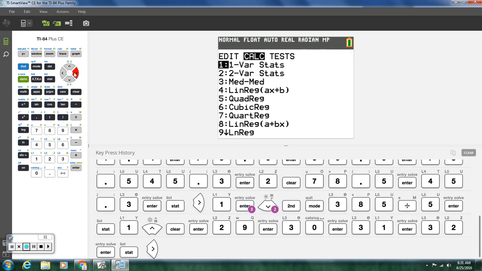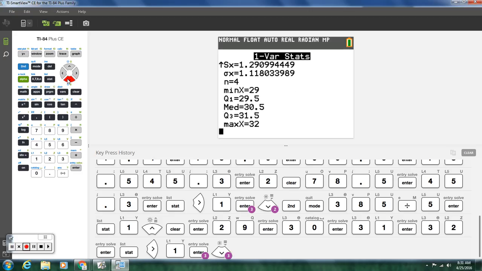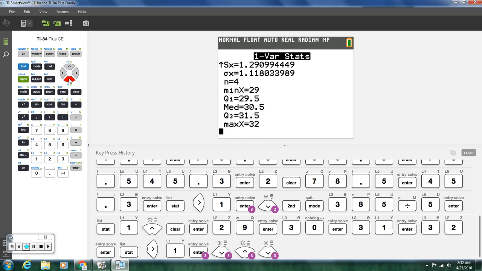And do those statistics. All right, so I've got, y'all let me know if you got the same thing. Okay, so I've got a mean of 30.5 and a median of 30.5. So those are the same thing? Mean 30.5, median 30.5.